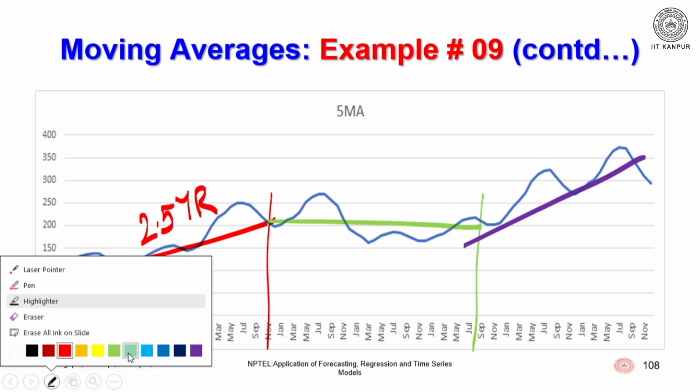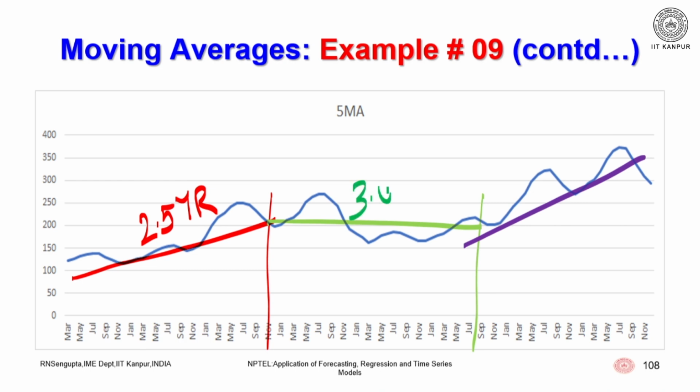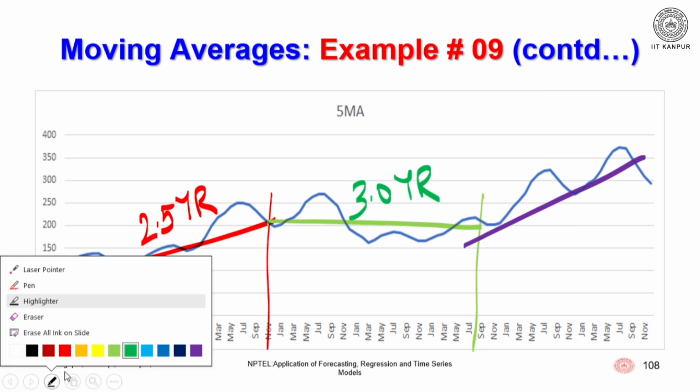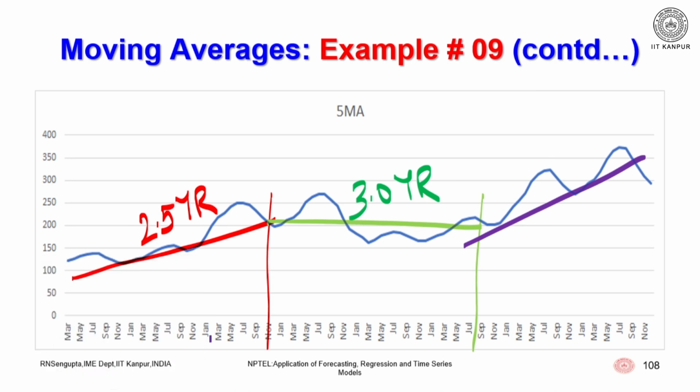The green one, as you remember, we have done it for 3 years, and the last phase was also about 4 months, but we will consider 2.5 years or 2 years 6 months.